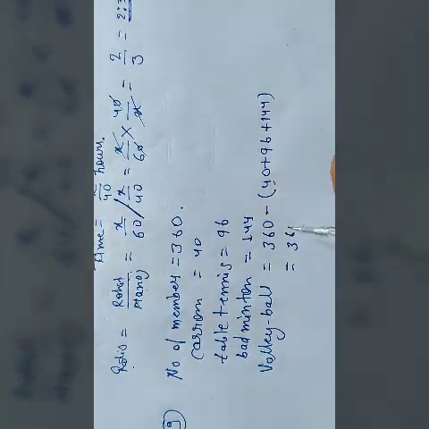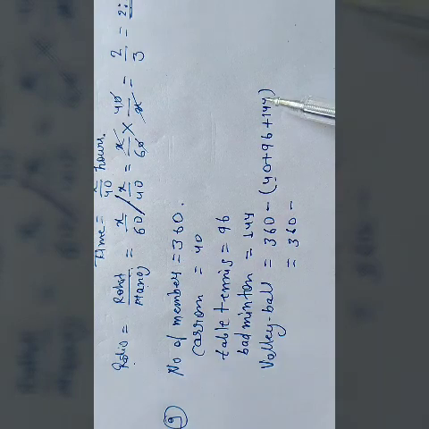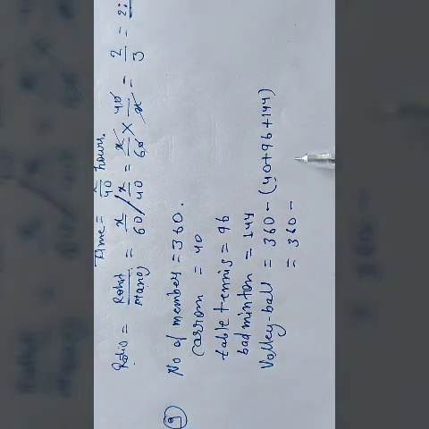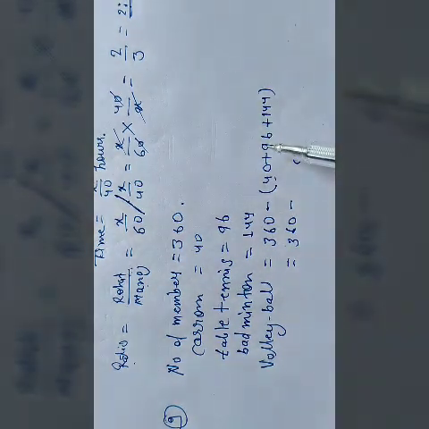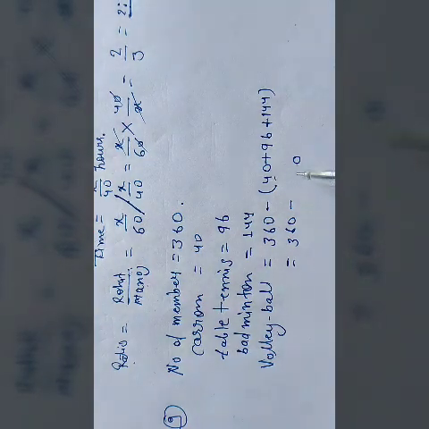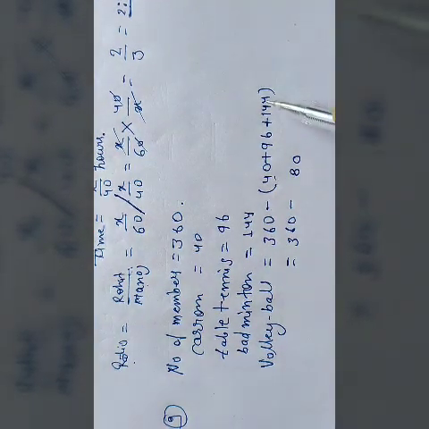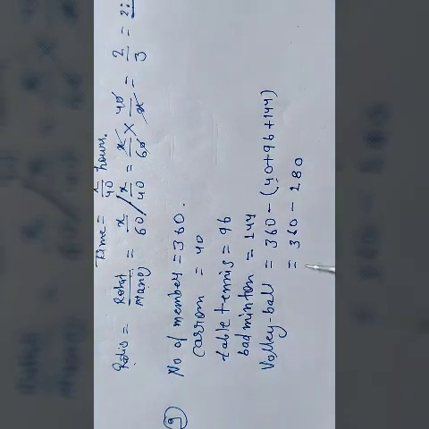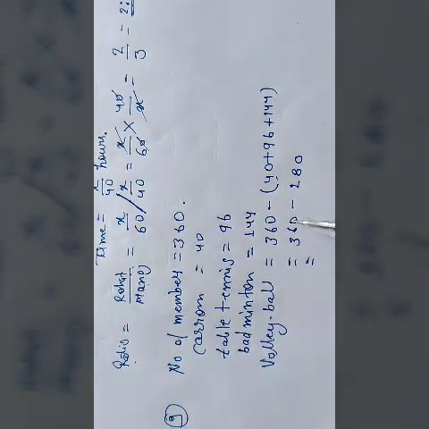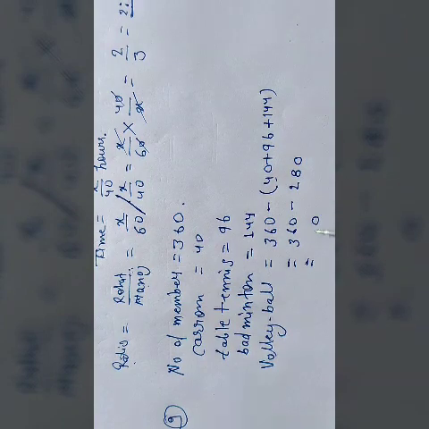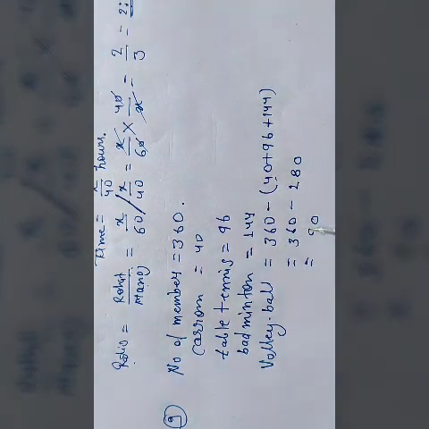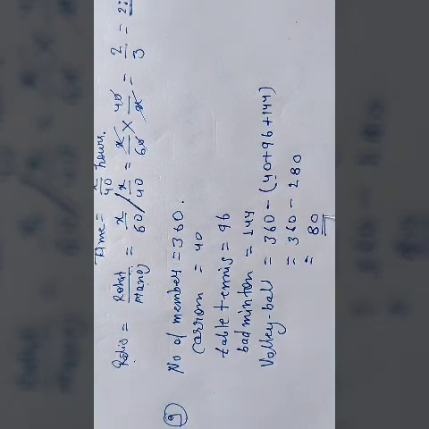Then the players of volleyball equal to 360 minus, add them: 4 and 6 is 10, 0; 4 and 9 is 13; and 4 is 17, and 1 is 18, carry 1 and 1 is 2, 280. Now subtract from 360, 0 minus 0, 6 minus 8, borrow, 16 minus 8 is 8, and this is 80 members.